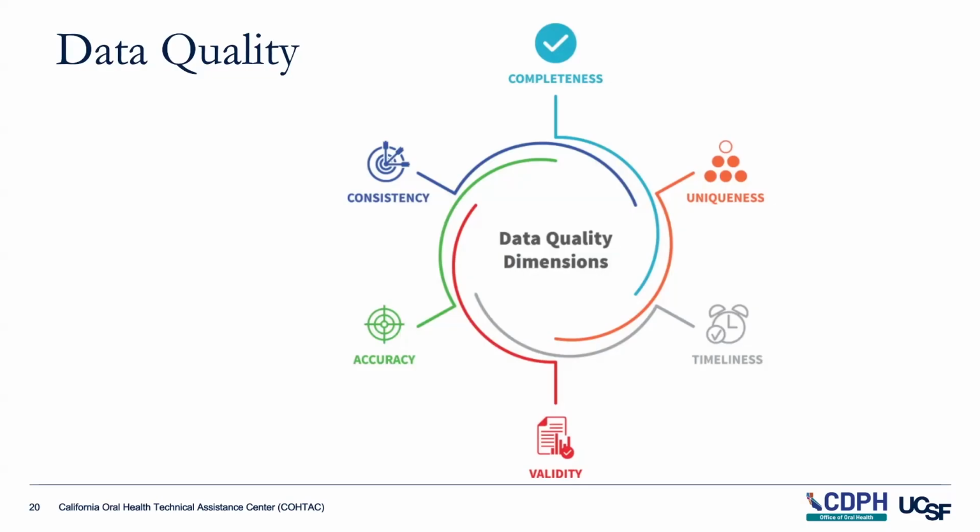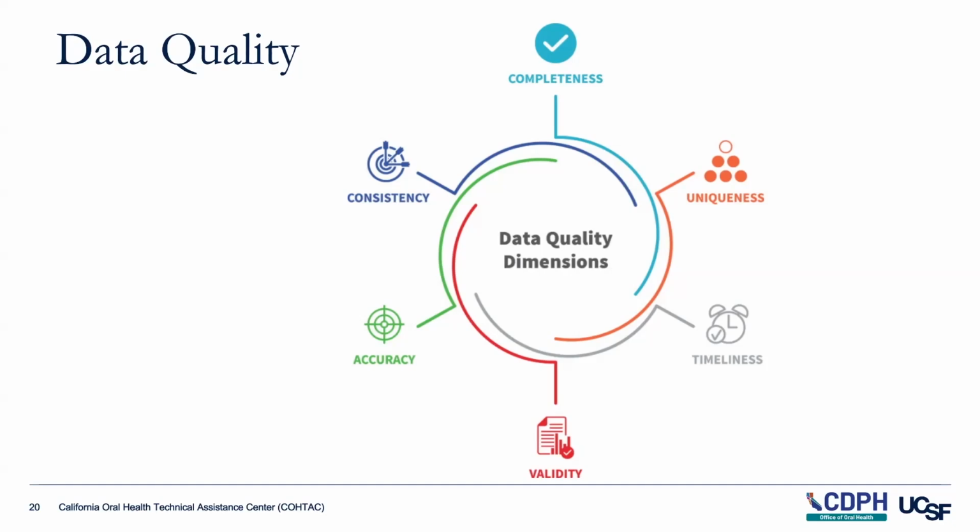Validity is the extent to which the data conforms to predefined rules and formats, and that it's measuring what we expect it to. And then accuracy is the degree to which the data correctly reflects the real world entity or event that it represents. So this would be that the COHA form accurately reflects the child's oral health status. We're not missing decay when it's present, and we're not misclassifying healthy teeth as decayed teeth.